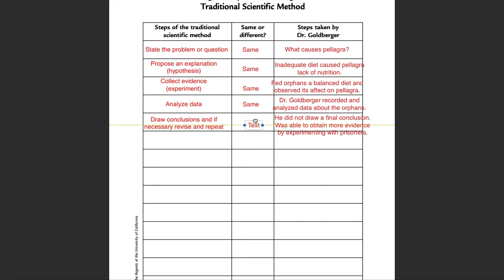I could see where you might get confused and think, well, he did revise his experiment. But considering it's a different set of people, different age range and all that, we would say that step is different.